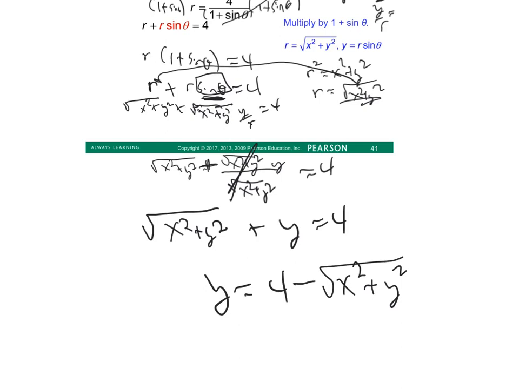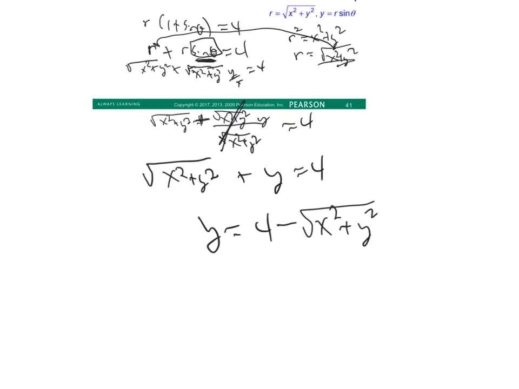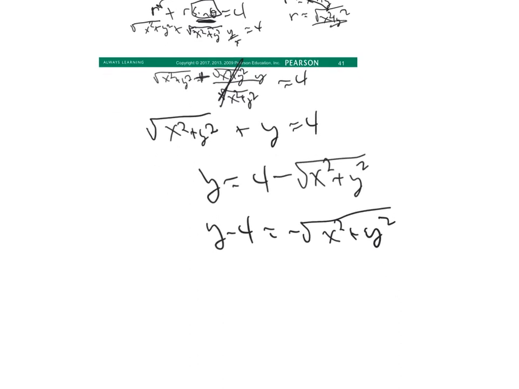I might want to take the y and put it with the 4. Y minus 4 equals negative square root of x squared plus y squared. Are we having fun yet? Get rid of the negative. Multiply both sides by a negative, so this becomes negative y plus 4. You can turn it around if you want, equals the square root of x squared plus y squared.